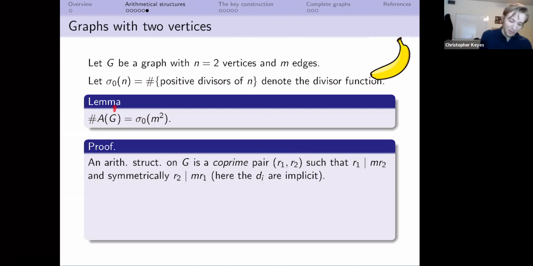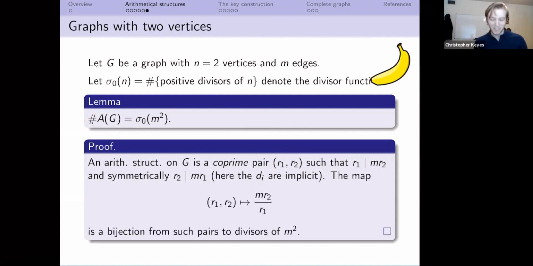That's what it means to be an arithmetical structure. And there's an explicit bijection that you can write down. This isn't hard to prove. It's a bijection where we send R1 and R2 to m R2 divided by R1. Remember, R1 is a divisor of m. Okay, so we can pretty easily prove that in the case of graphs with only 2 vertices, we do have an exact count, and it's purely number theoretic.